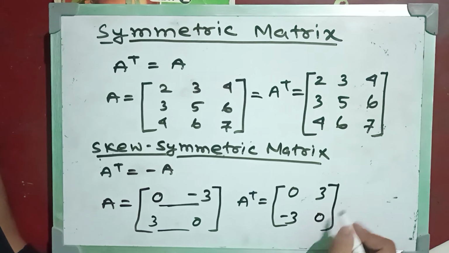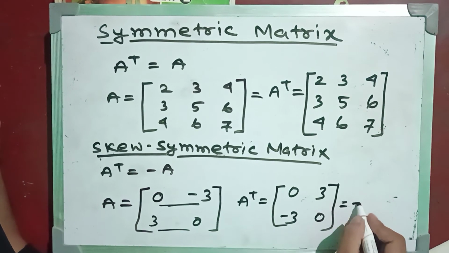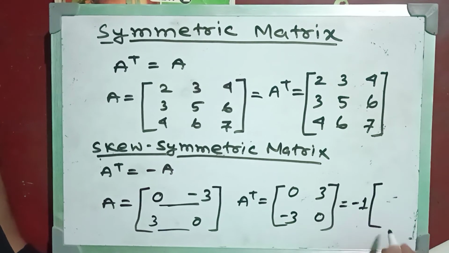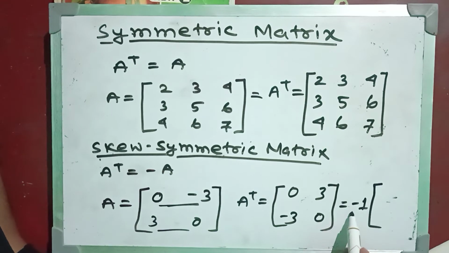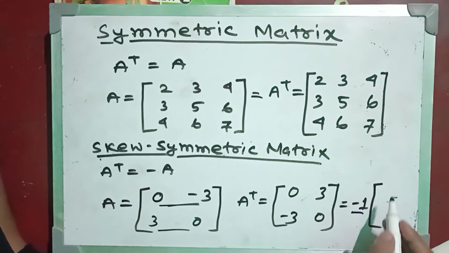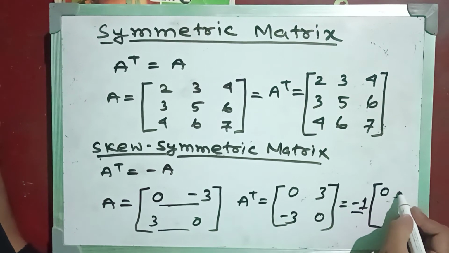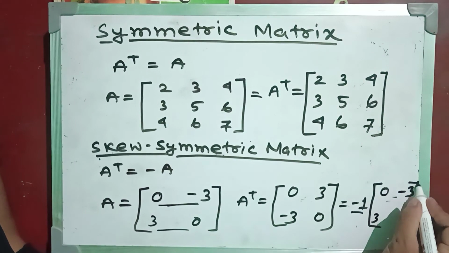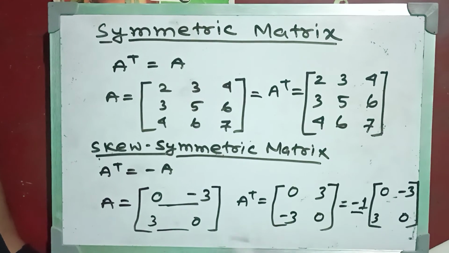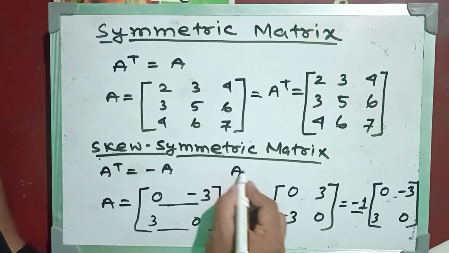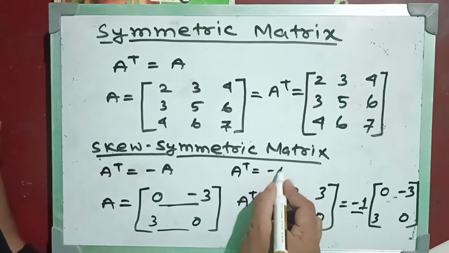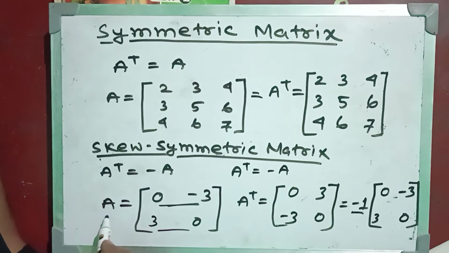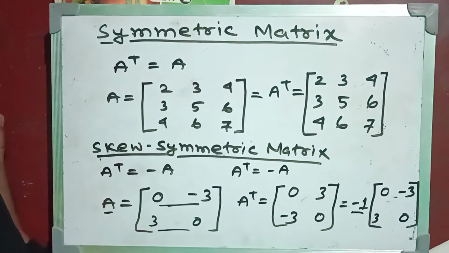So for A transpose, if we take minus 1 out, then we have to multiply minus 1 with every element. So minus 1 into 0 is 0, minus 1 into 3 is minus 3, minus 1 into minus 3 is 3, and it's 0. So we have got the same matrix, that means A transpose is equal to minus A. So we can write A as a skew symmetric matrix here.